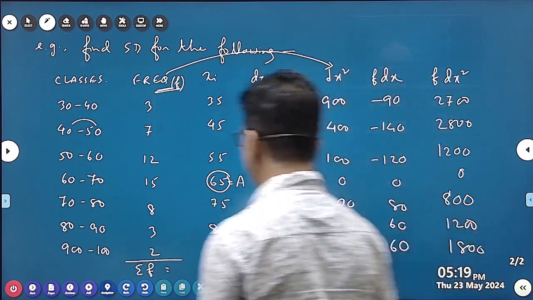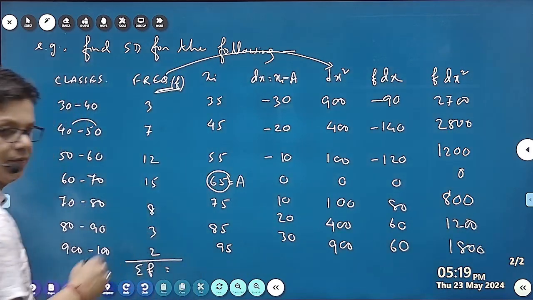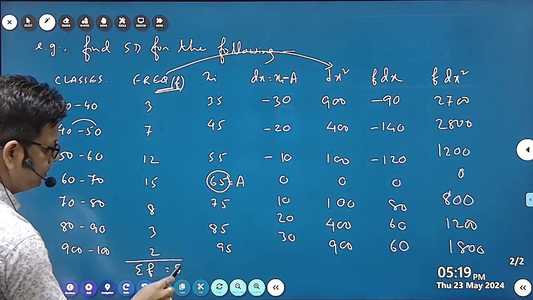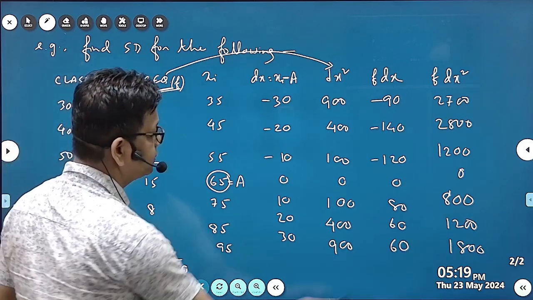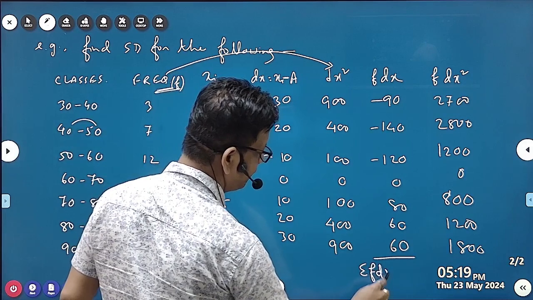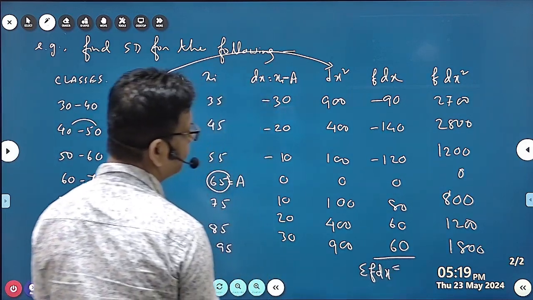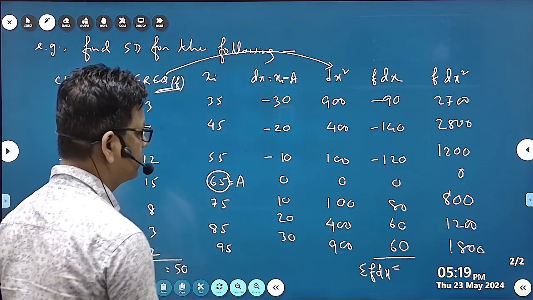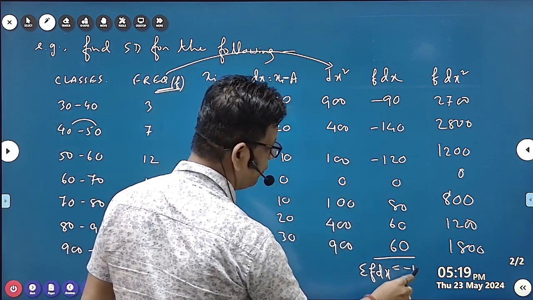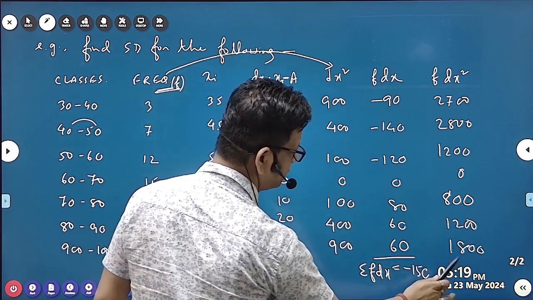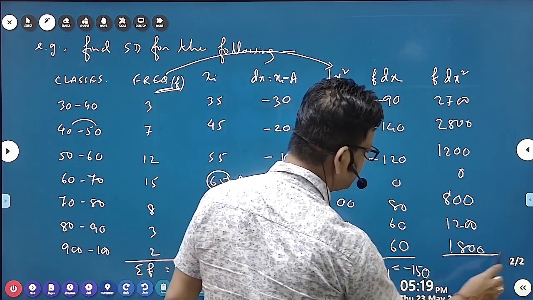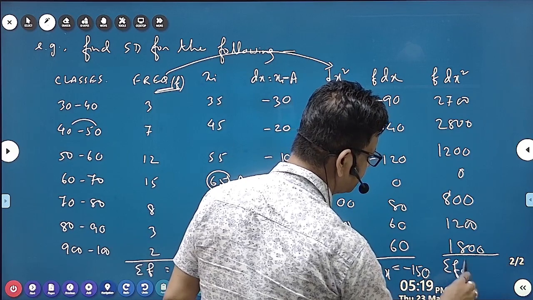Now I was saying we have to get the summation of this f. What is the number, any idea? 50? Okay. Then summation of f dx. So this column we need to add. How much is it? Minus 150. Okay. Then here summation of f dx square.